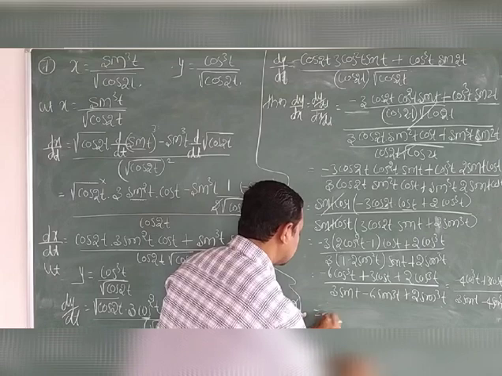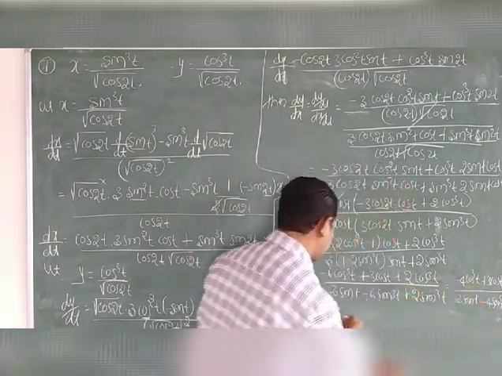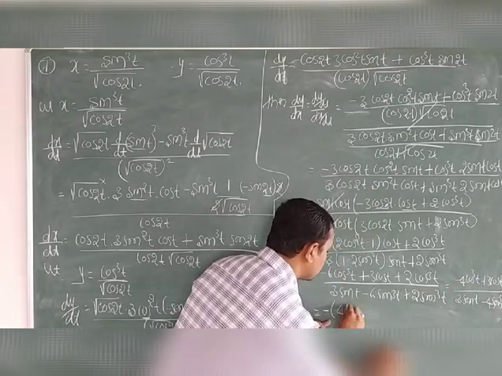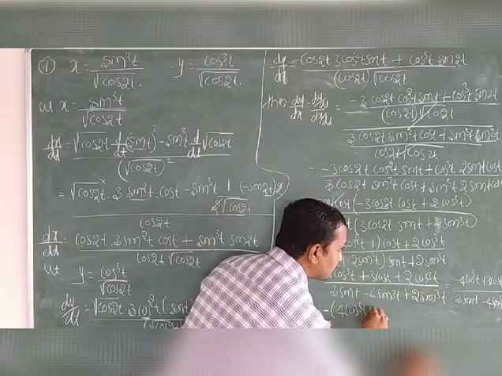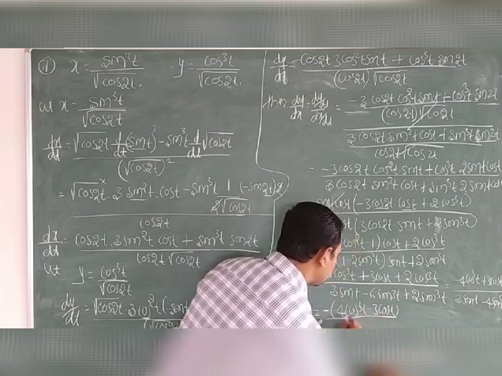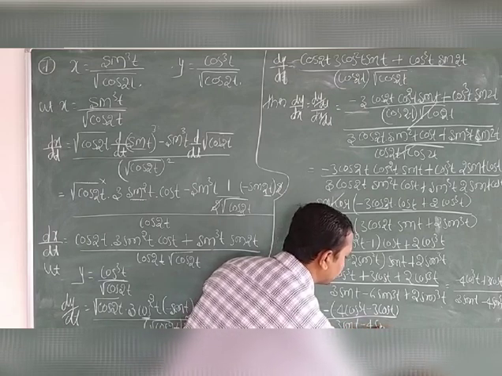So that is equal to, here you can take minus as a common, the remaining term is 4 cos cube t minus 3 cos t, whole divided by 3 sin t minus 4 sin cube t.